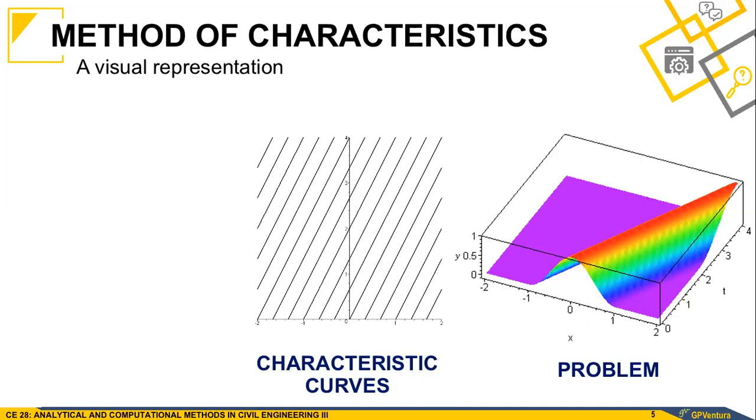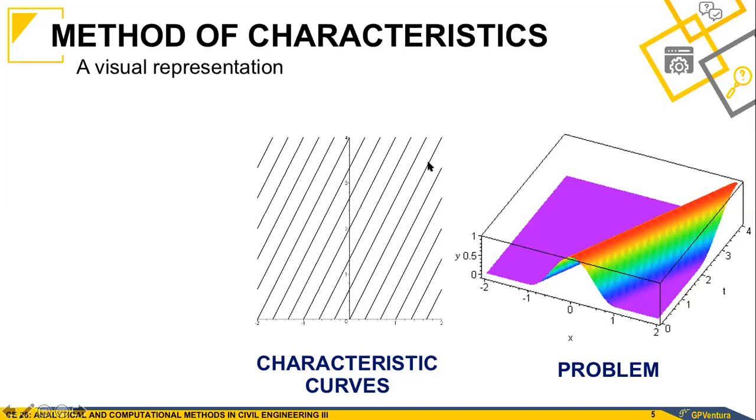Meaning, for different values of t, if I look at the top view, my goal is to find what's the equation of this line, of this line, of this line, such that the value of y is constant along this line. Even if x and t vary, at the top view, the value of y does not change.